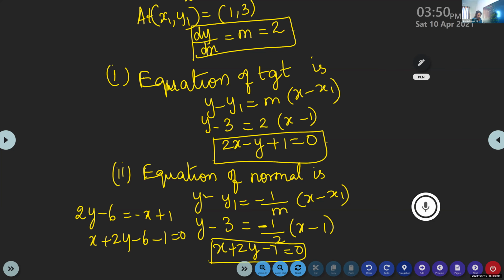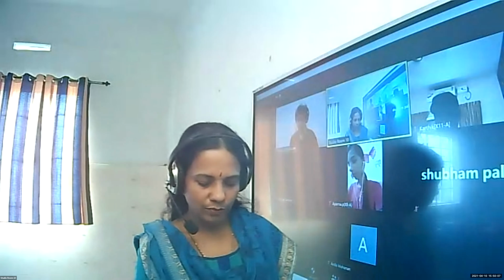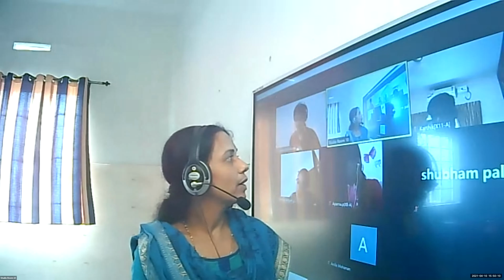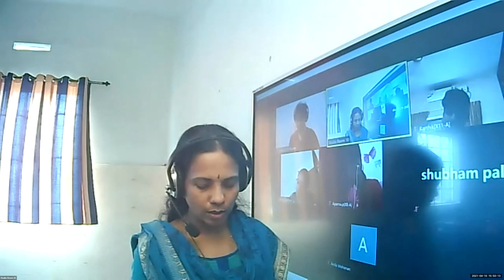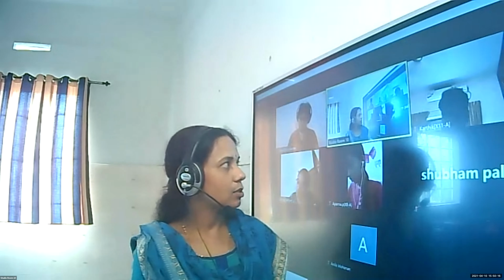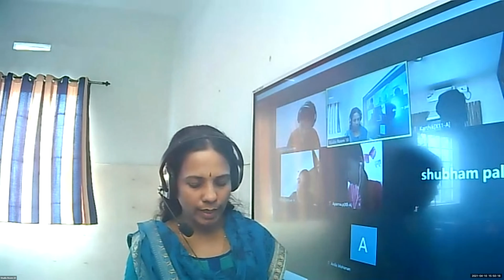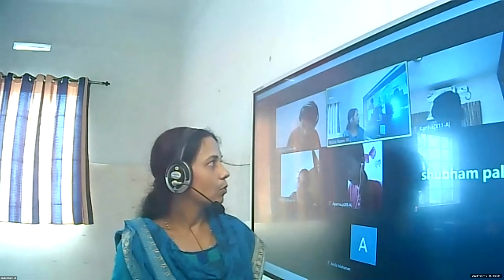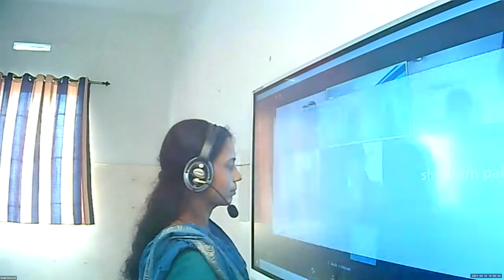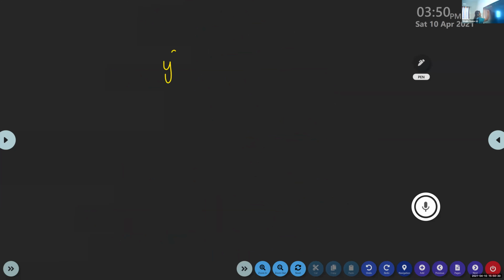First one, find the equation of tangent and normal to the curve y square is equal to 4ax at the point at square comma 2at.